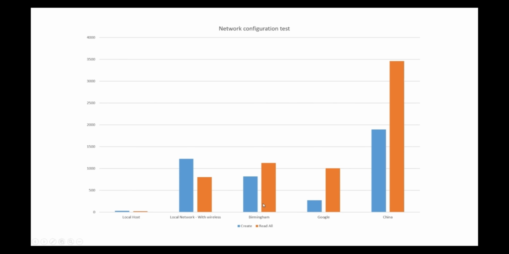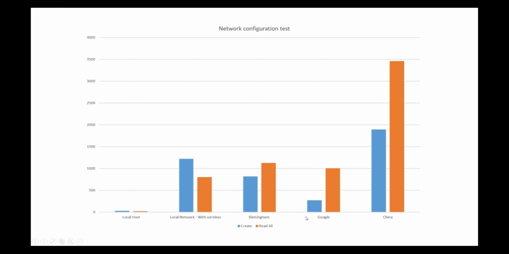It wasn't significantly slower, and I would blame my home wireless network for this. So the difference between running on my home wireless network and over the internet between Birmingham and Worcester is not significantly different. It's in the order of 1 second for 10,000 creates or reads.